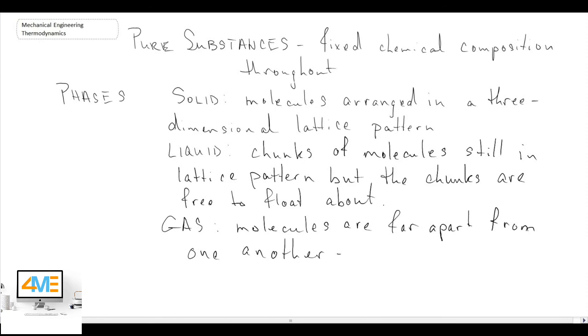They're far apart from one another and they're free to move about and collide. And we'll talk a little bit more about the different stages of gas or vapor at the end of today's class.